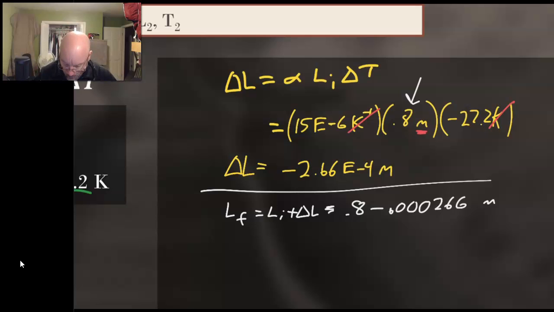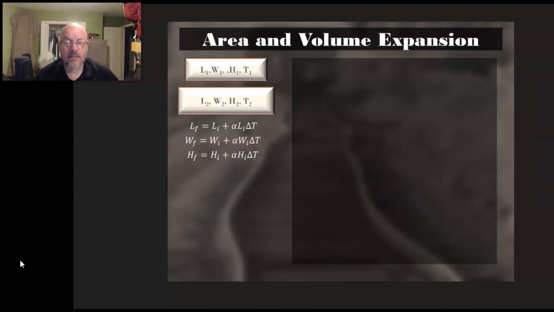Now what we want to do is take a look at size more generally. If I have a tabletop, the tabletop has a certain area, and as the temperature in the room changes and the temperature of the tabletop changes, the area of that tabletop is also going to change.